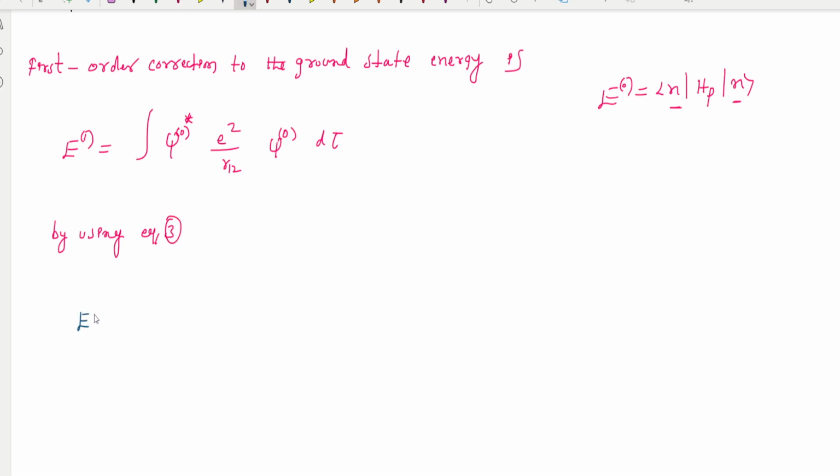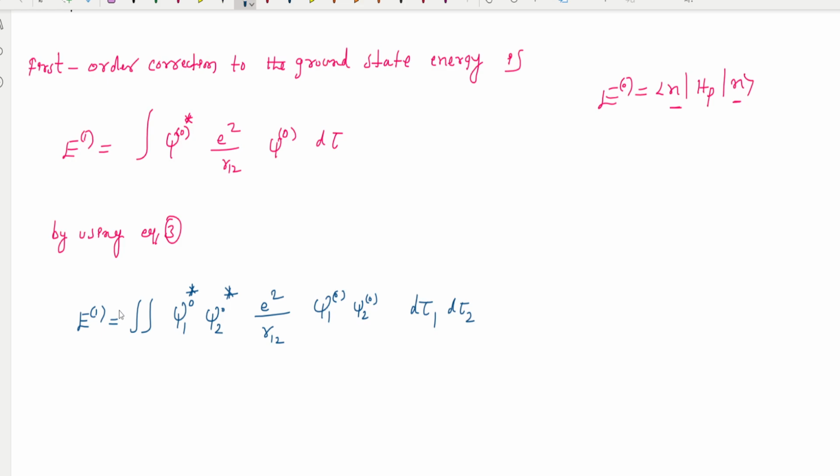The E1 first order correction energy is the double integral of psi 1 complex, psi 2 complex, where 0 indicates the ground state of the hydrogen atom, e squared divided by r12, psi 1 of 0, psi 2 of 0. It is better to use it like this, over the volume, d tau 1 d tau 2.